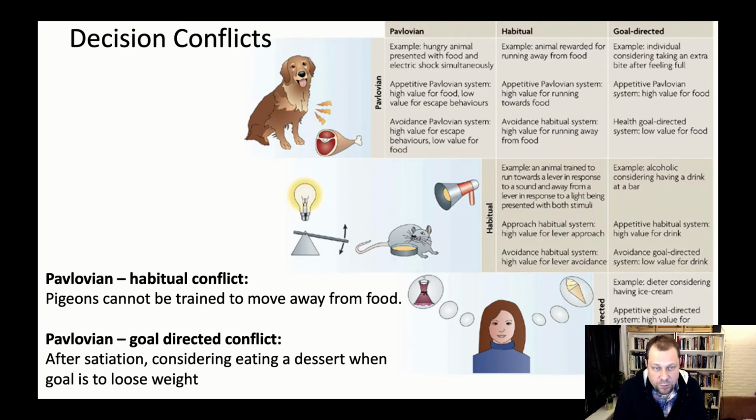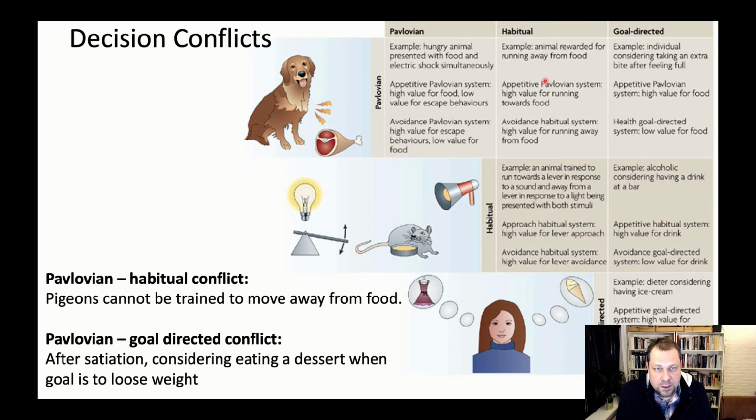Finally, as already mentioned previously, it's important to note that these systems, while most of the time they agree with each other, can also be in conflict on some occasions. So let's look at the habitual system being in conflict with the Pavlovian system.